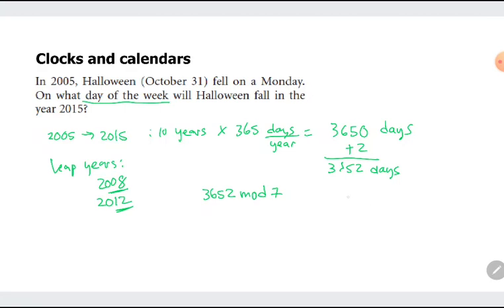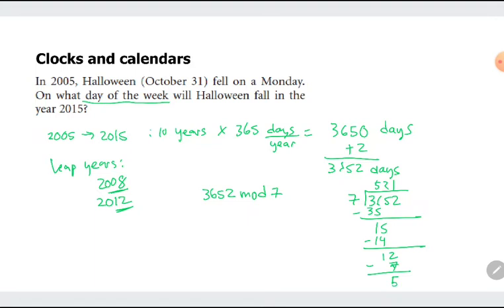Let's do the division. So 7 divided into 36, 5. 7 times 5, that's 35. 36 minus 35, that's 1. Bring down 5, 15. 15 divided by 7, 2. 2 times 7, 14. 15 minus 14, that's 1. Bring down 2, 12. 12 divided by 7, 1. 12 minus 7 is 5.